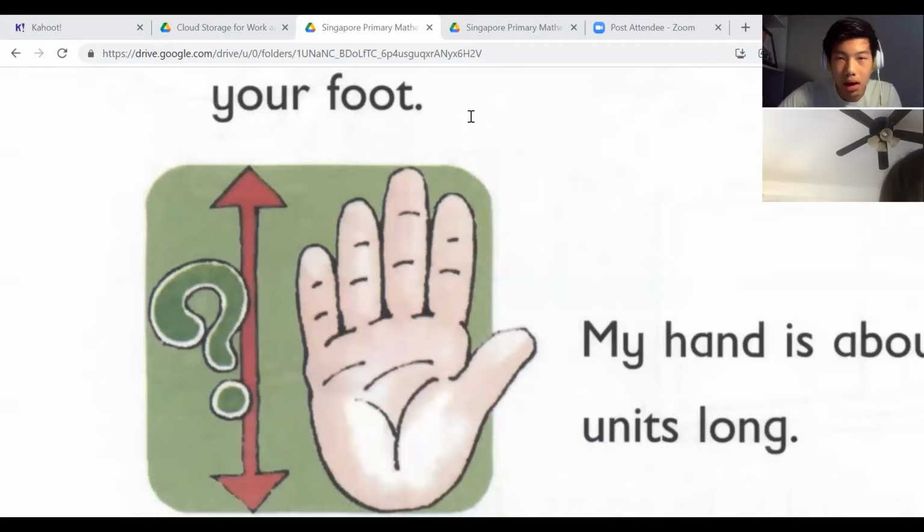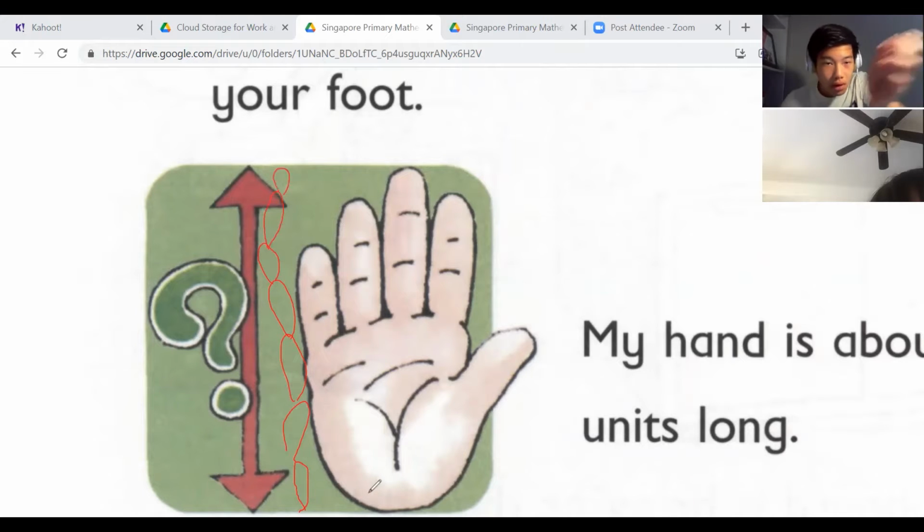And I want you to find out how many units it is, okay? So if 1 paper clip is 1 unit, sorry for my bad drawing.